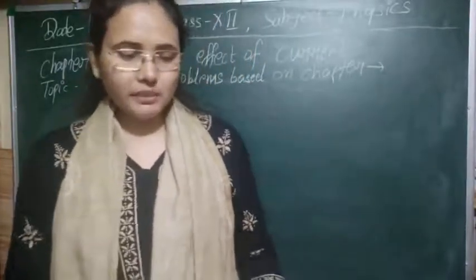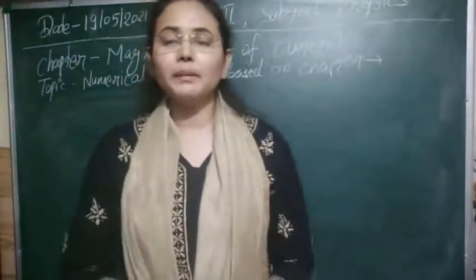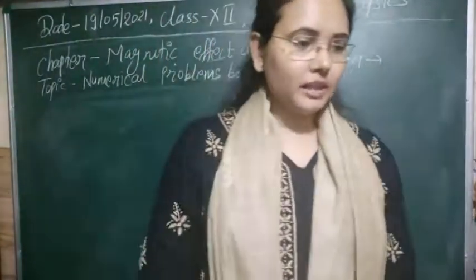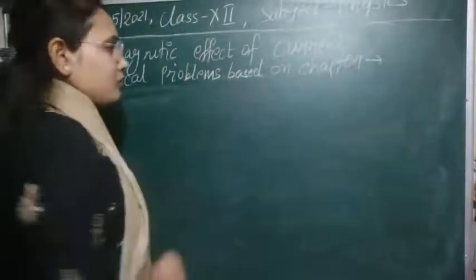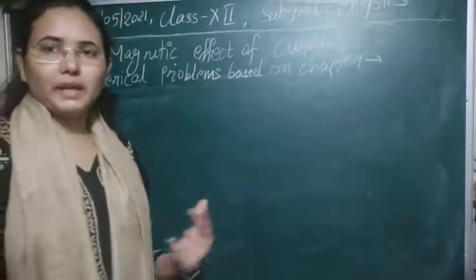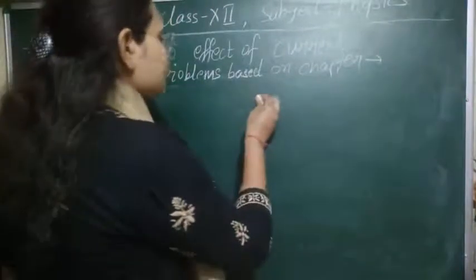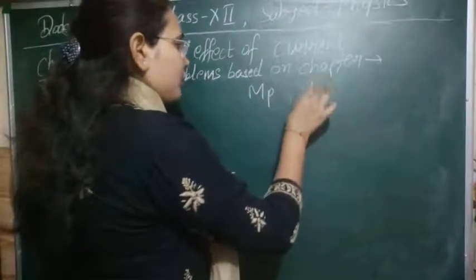So it is given in our question that we have 3 particles: a proton, a deuteron and an alpha particle. First let's write down the properties of these 3 particles. Suppose the mass of the proton is mp and the charge on the proton is q.